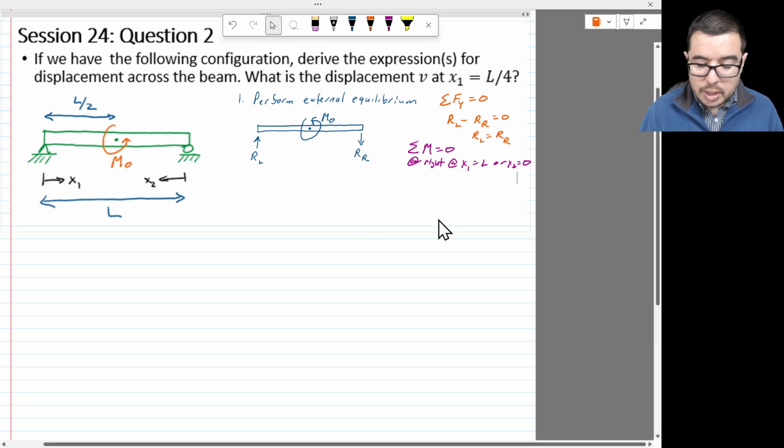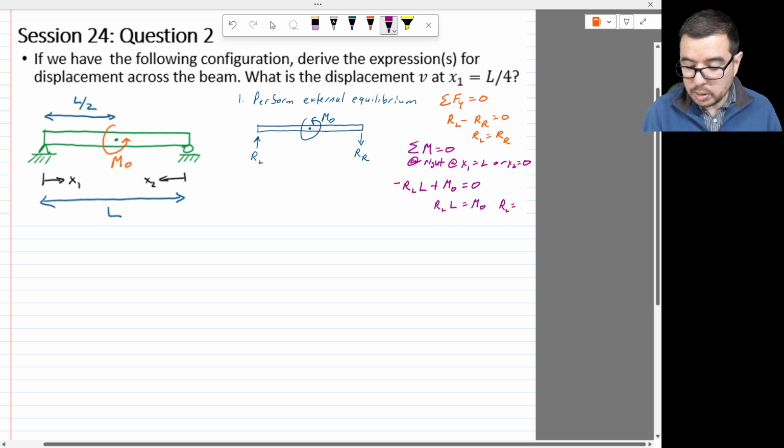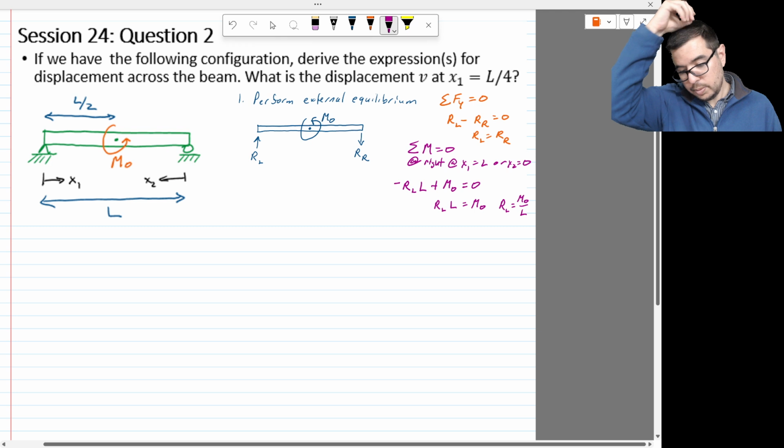going to have a minus RL times L. Okay, we see that's going in, at least if Z is coming out. And we have a plus M naught equals 0. So we can say that RL times L is going to be equal to M naught, and so RL will simply be M naught over L. Okay?